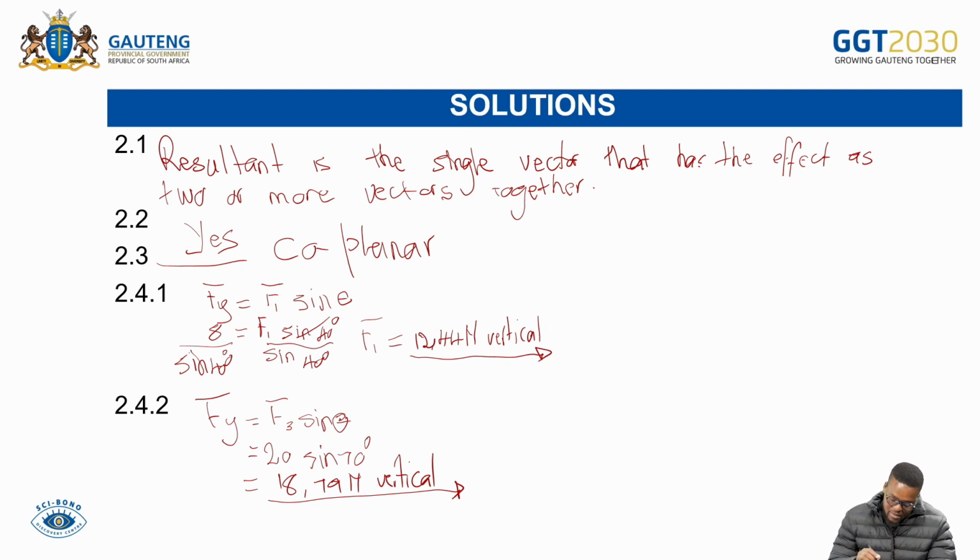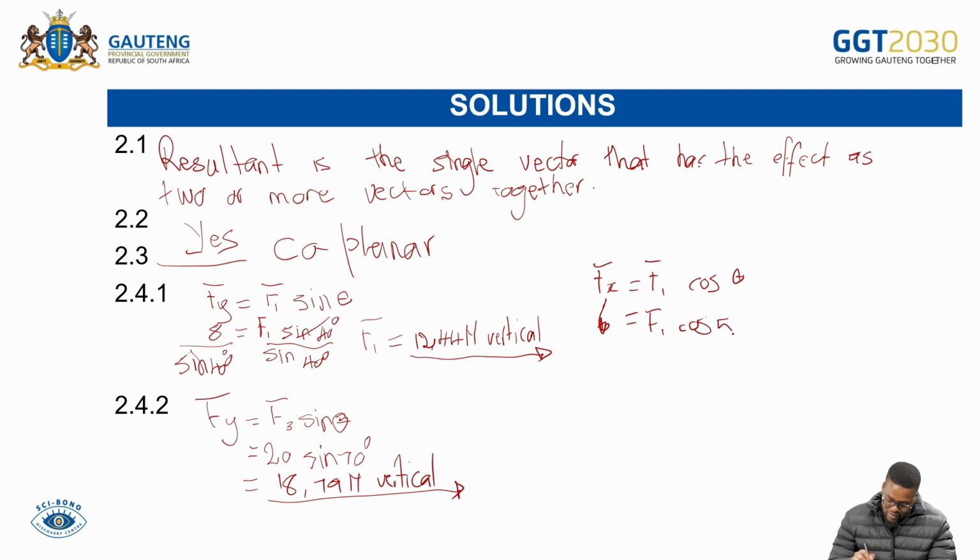Let's see if we get the very same answer if we are using Fx. Fx is equal to F1 cos theta. So now this will be 6, and F1 is the one that you are looking for.